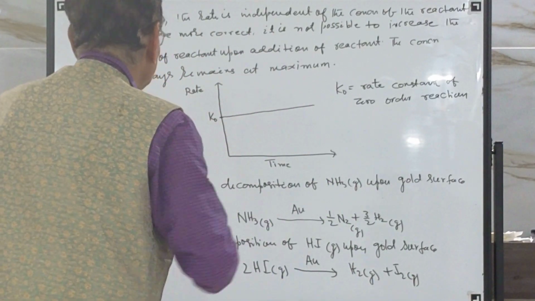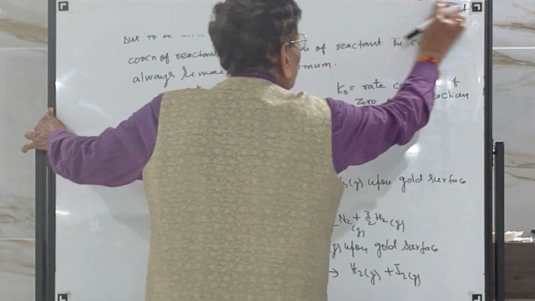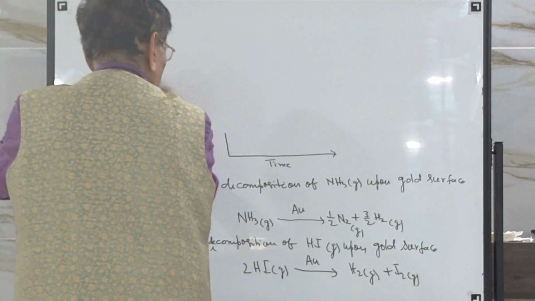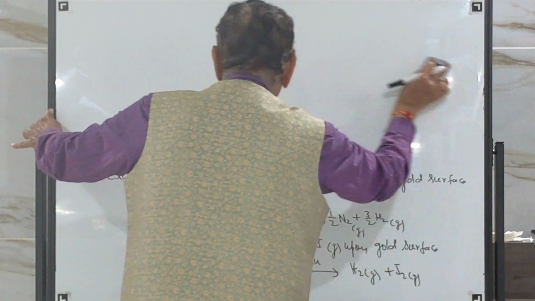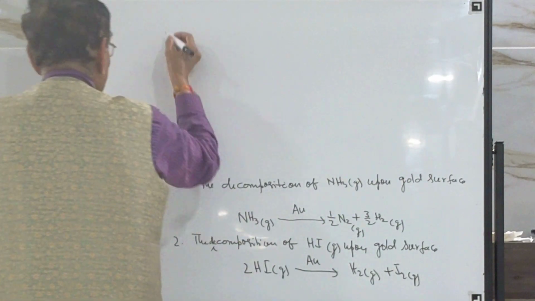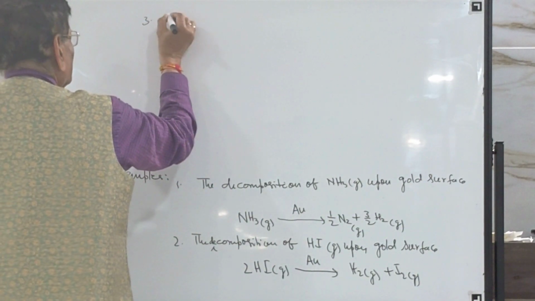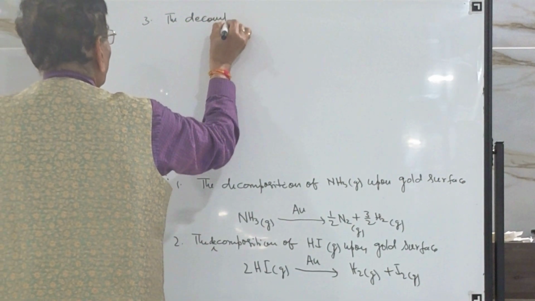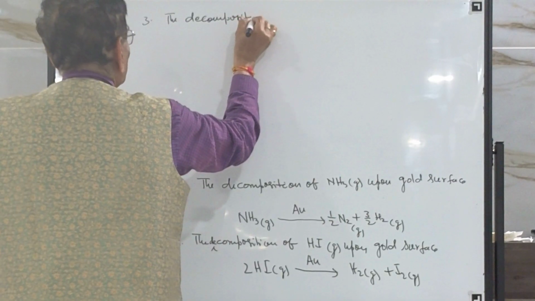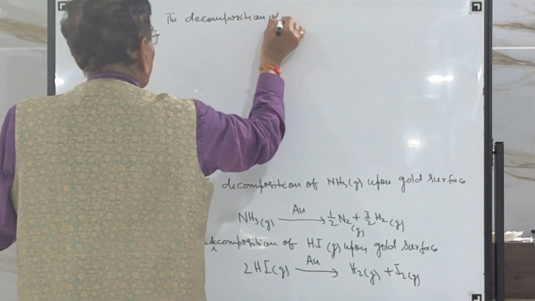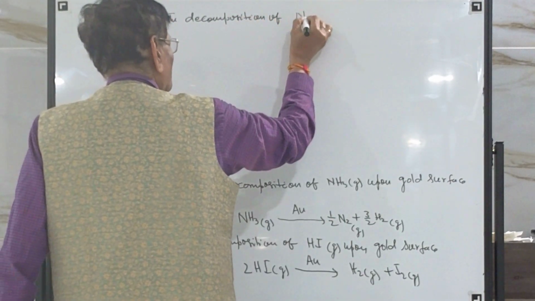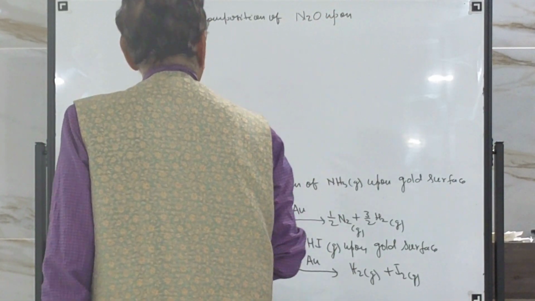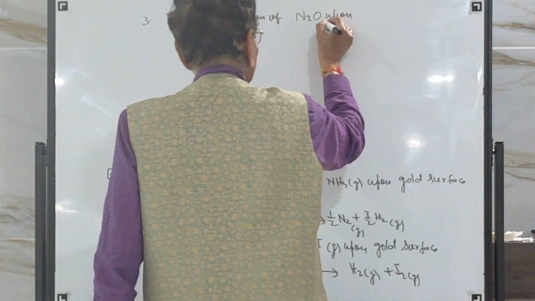Similarly, another example is the decomposition of nitrous oxide gas, N2O, upon a platinum surface.